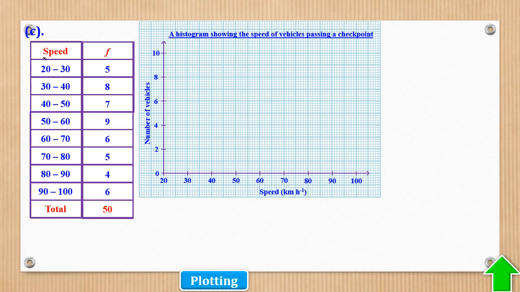So you shall plot bars from 20 to 30, they will correspond to a frequency of 5. From 30 to 40 correspond to a frequency of 8.